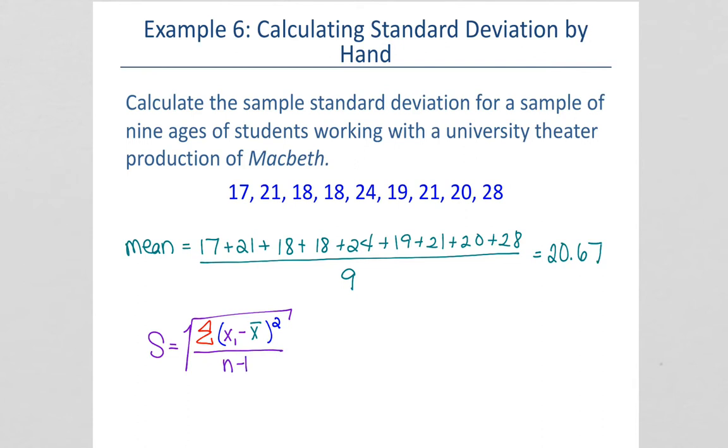Well, it's easy for us to go ahead and figure out what n minus 1 is, because that would just be 9 minus 1.